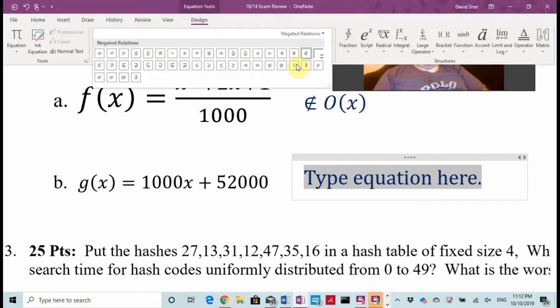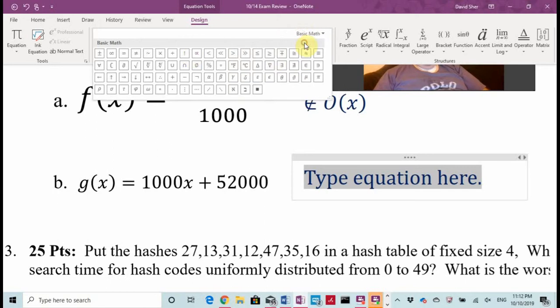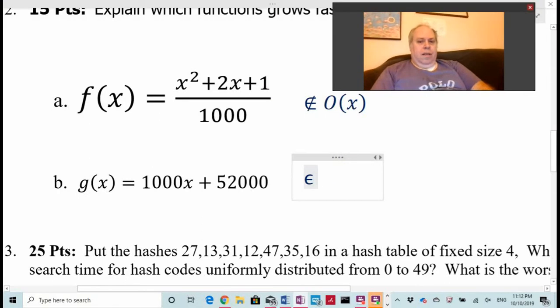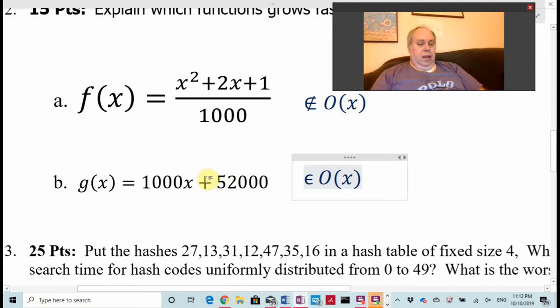Now, let's go back to regular math. This guy is a member of O of x because it's a linear function. So, if we divide this guy by x, we get x over 1,000 plus 2 plus 1 over x, which as x goes to infinity leaves us with x, not a constant.